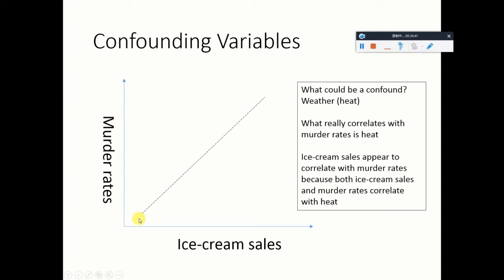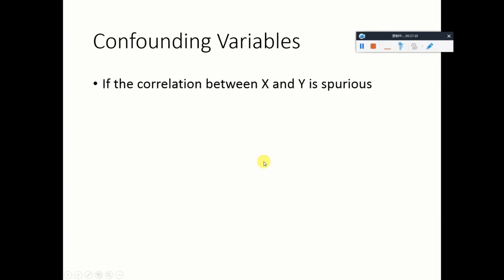But again, this correlation is spurious. It's not real, it's fake. It's fake because this correlation exists only because they're both related to the third variable, which is heat in this case. Okay? All right. So let's repeat our definition for confounding variables.